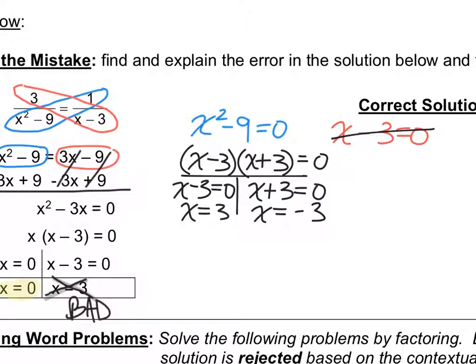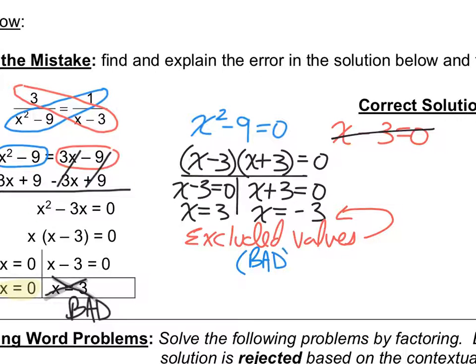So these are my excluded values, the bad values. All right, so if I perform these calculations, I'll determine what the bad numbers are.